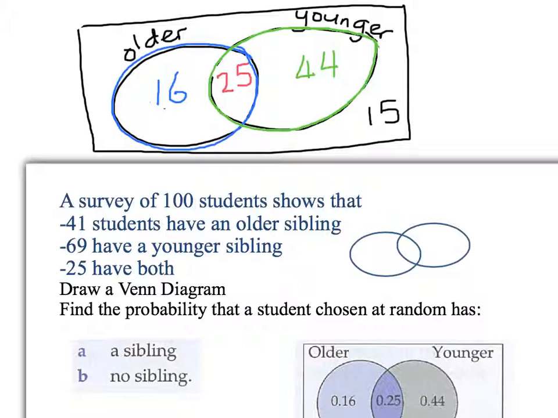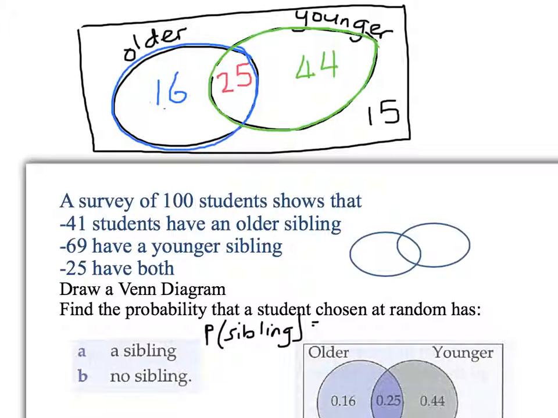Okay, so the question then, we get to the question after we've drawn our diagram. Find the probability that a student chosen at random has a sibling. So we're looking at the probability of having a sibling, brother or sister. Sibling's kind of a weird word, isn't it?